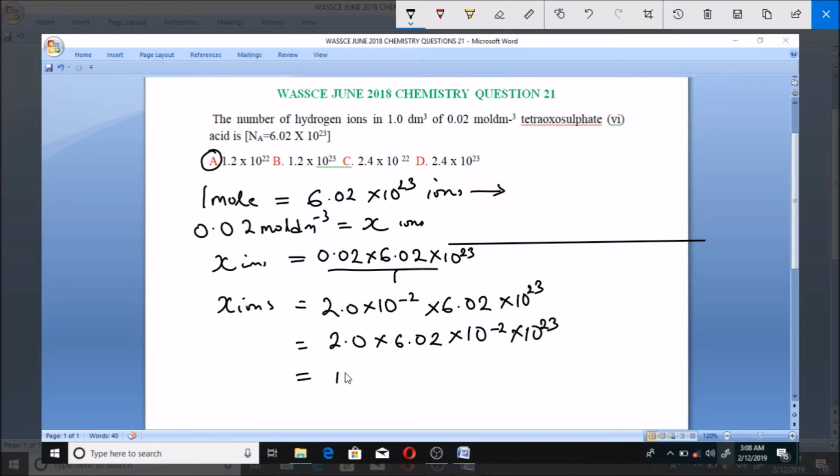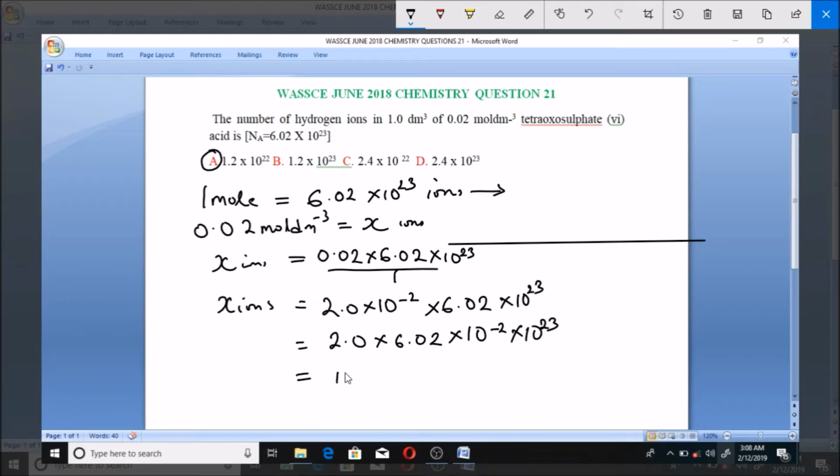It's very self-explanatory. They are telling us the number of hydrogen ions in 1.0 dm cube of 0.02 mole per dm cube of tetraoxosulfate 6 acid is what?